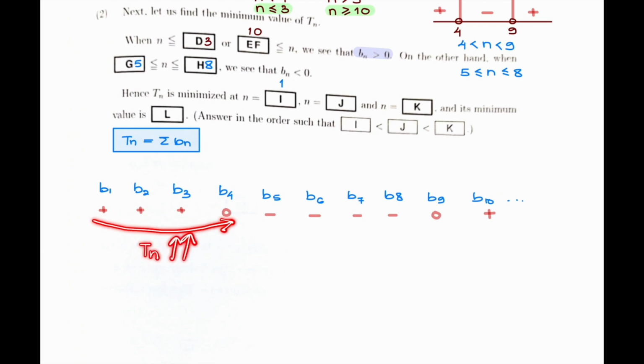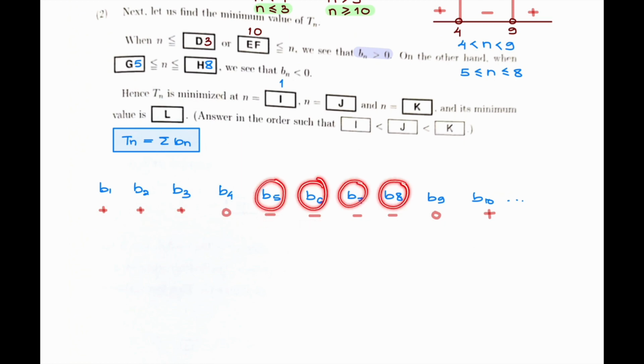B1 plus B2 plus B3 plus B4, in this process, the Tn is increased. And then after that, Tn starts to decrease until B8. So my next n where Tn is minimized is 8, because the sum starts to decrease from B5, 6, 7, and 8, since B5, 6, 7, and 8 are negative numbers.